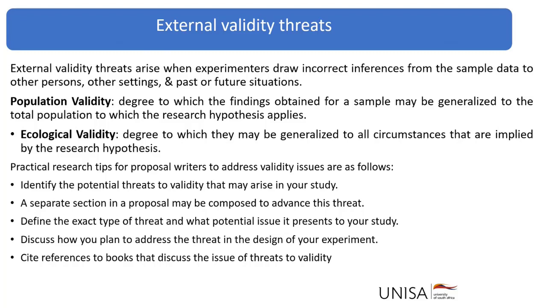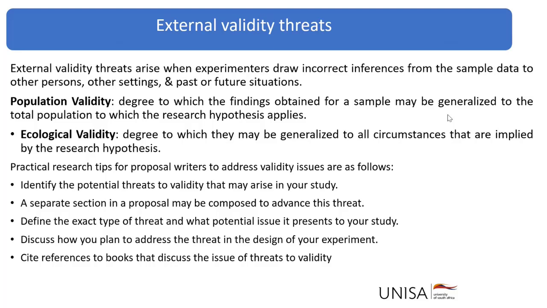So there are practical tips for proposal writers to address validity issues, just as a take-home message. One is that you need to identify the potential threats to validity that may arise in your study early in your work. You need to have a separate section in a proposal to address this. So in other words, you identify the threats and you come up with a plan to look at those threats.